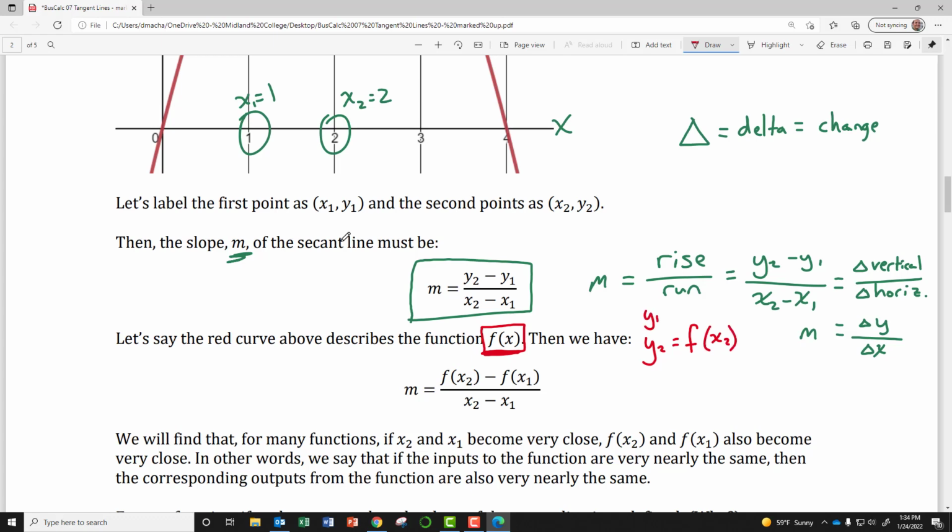And at the same time, y subscript 1 is just going to be the function evaluated at the input x subscript 1. And so then we can write the formula for the slope like this. The numerator is now f evaluated at x2 minus f evaluated at x1, divided by x2 minus x1. So the difference in the function outputs divided by the difference in the function inputs for the same pair of points.